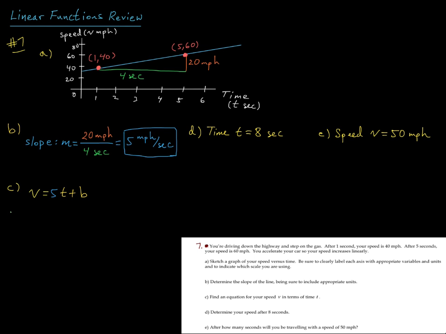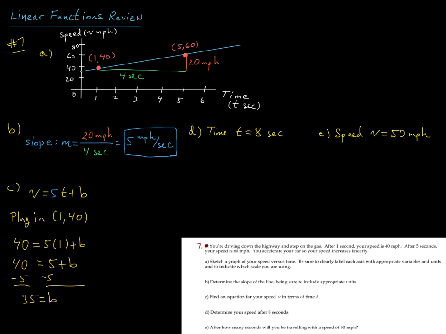Let's go ahead and just plug in a point to find b. So plugging in, let's say (1, 40). Okay, so set v to 40 and t to 1. Yep, it's going to be 35, right? Because this is 5 plus b. And so if I subtract 5 from both sides, I'll get that b is 35.